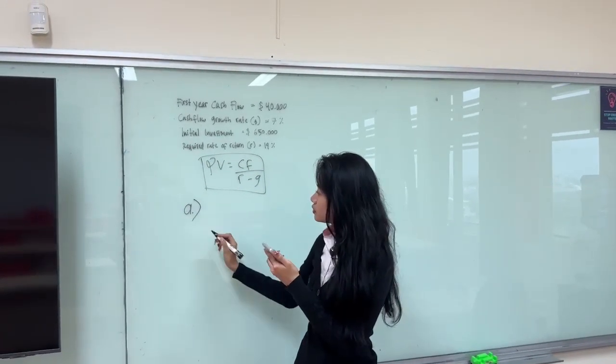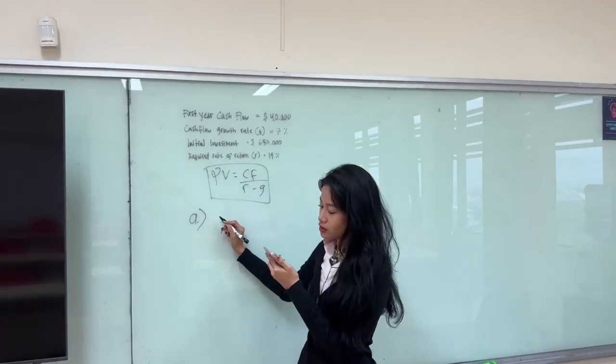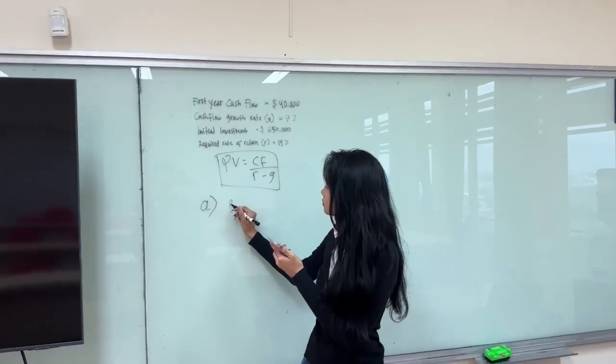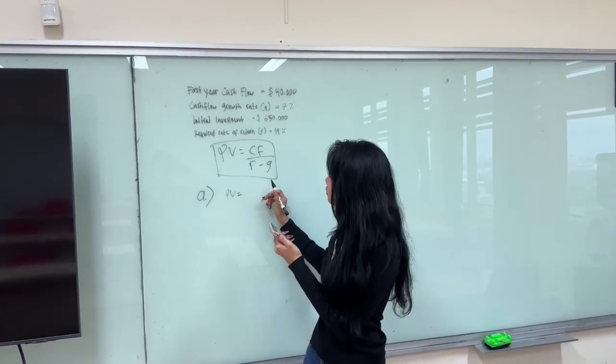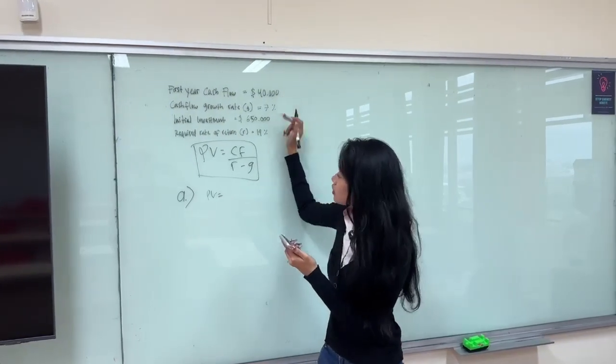So we're gonna do the A1. The CF is 40,000.